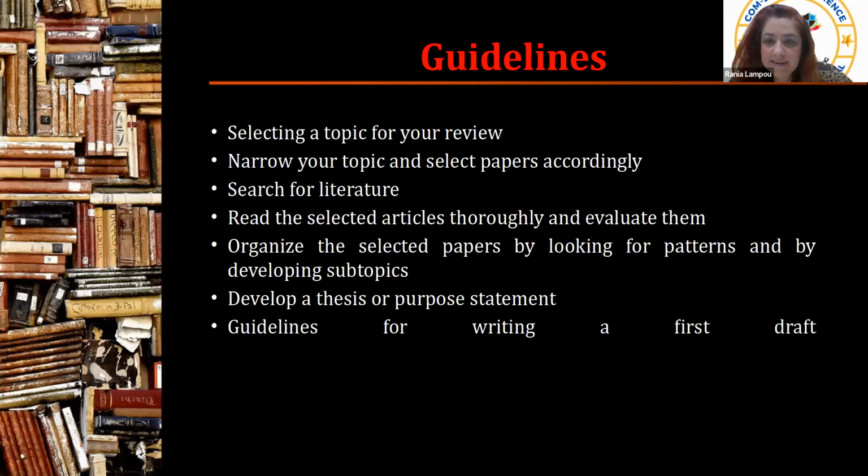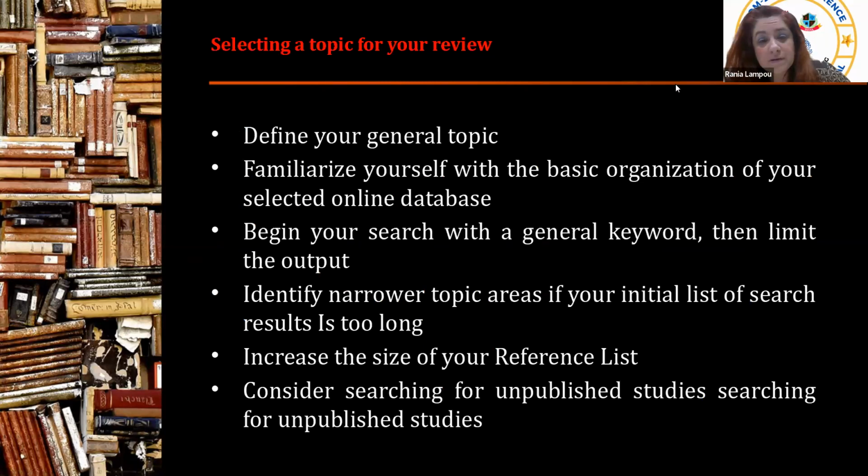So we search the literature, and sometimes, as I said before, select the topic and narrow the topic, read the selected articles thoroughly and evaluate them, organize the selected papers by looking for patterns in the development of subtopics, develop a thesis or purpose statement, and follow guidelines for writing the first draft. Select a topic: define your general topic, and familiarize yourself with the basic organization of the online database that you have selected.